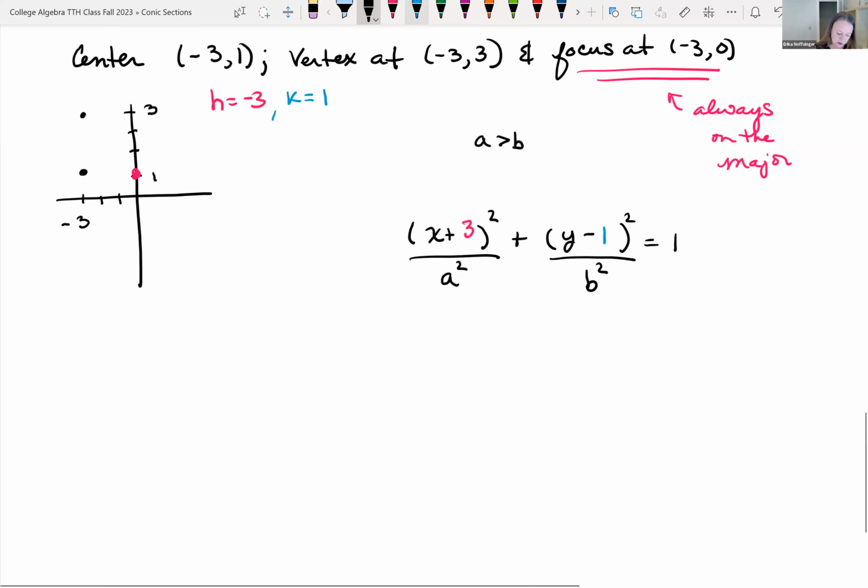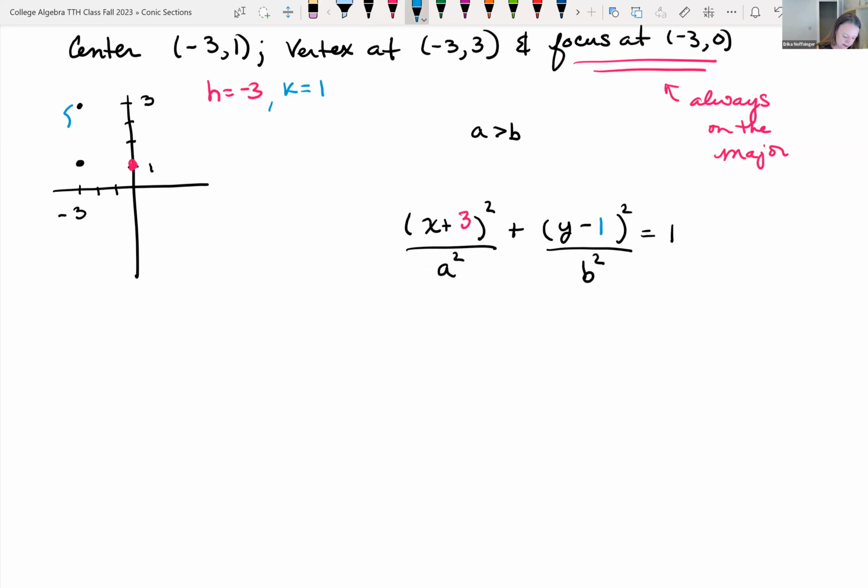My b value is that distance between my center and the vertex of the minor axis. So I went up 3 here. So I know my b value is 3. Then I know b squared is equal to 9. So right now, underneath the y minus 1 quantity squared, I can put b squared, which is 9.